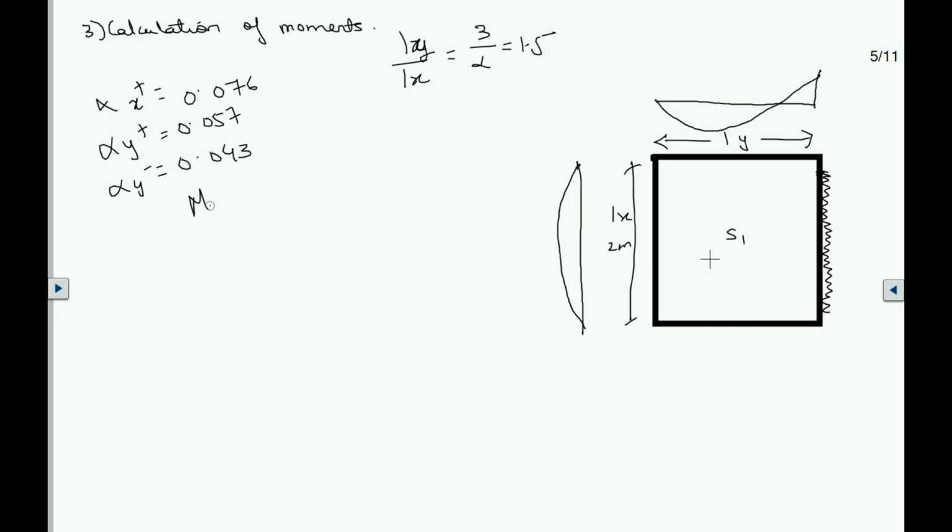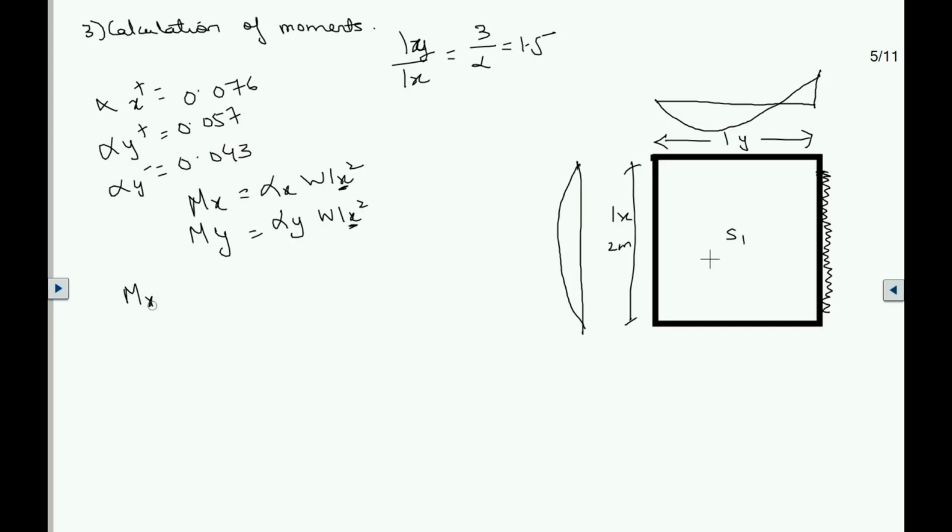Now the formula for bending moment in x direction is alpha x w Lx square, and for bending moment in y direction it is alpha y w Lx square only. So see the difference, that is x over here and x over here, so don't take Ly over here.